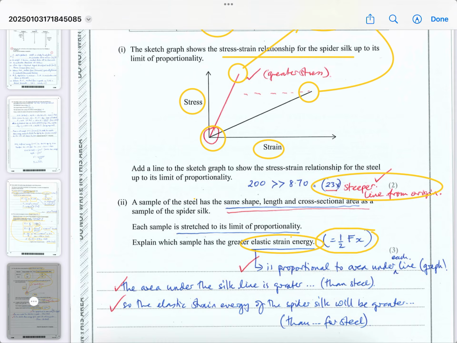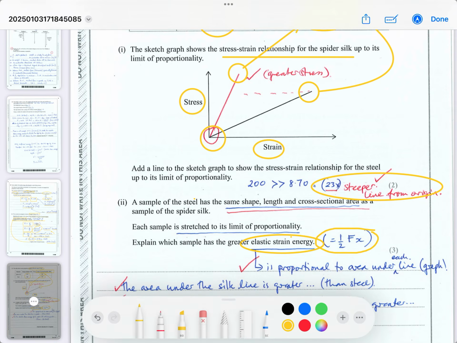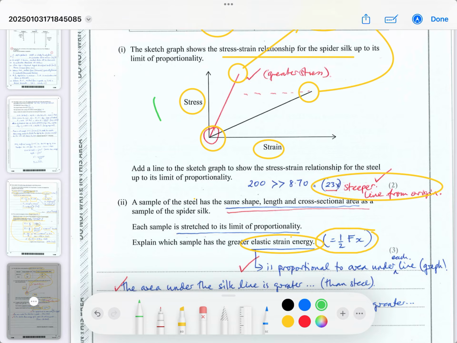So you can effectively change stress on that sketch to force, and you can put extension on the other axis. Yeah, and that will be a valid graph. If you did force against extension, it'll be exactly the same shape as you've drawn above. Okay, so force is proportional to stress, and strain is proportional to extension.